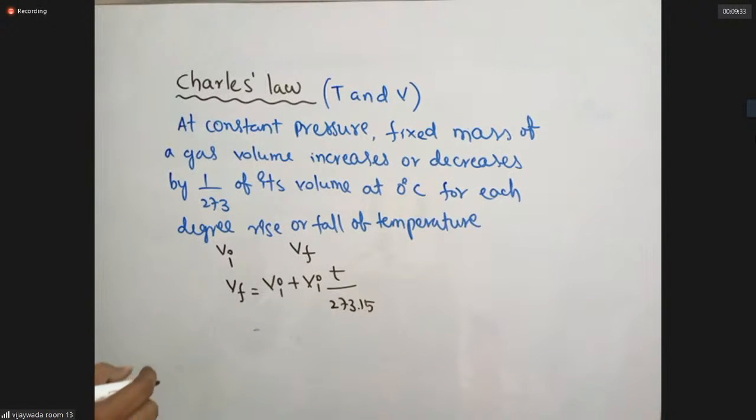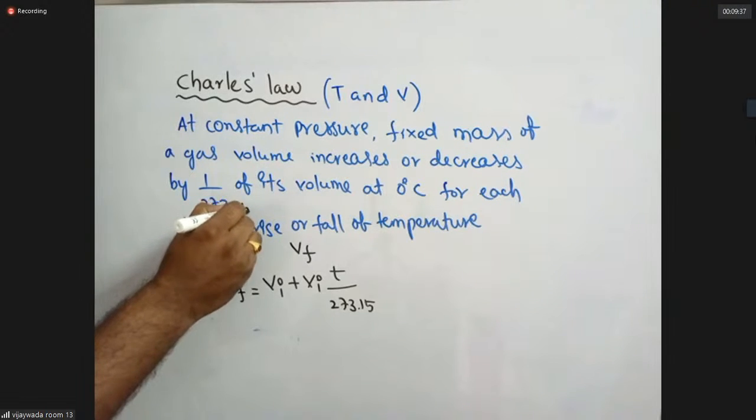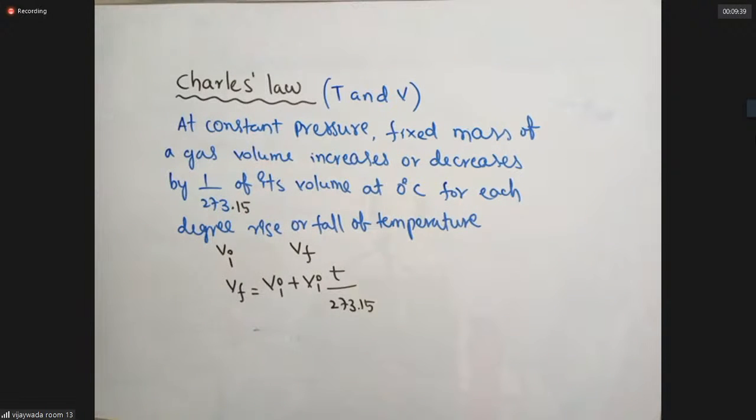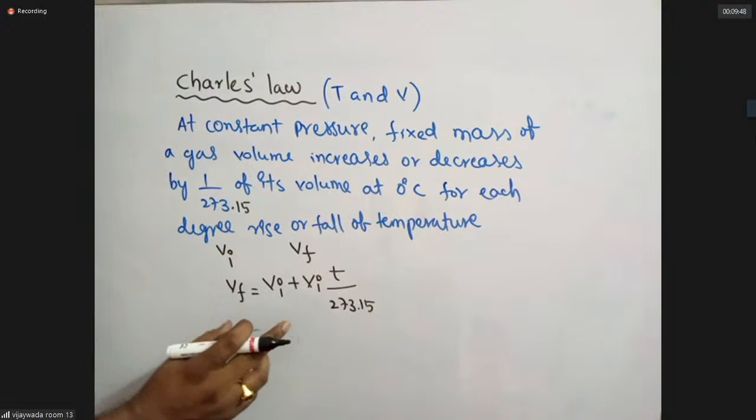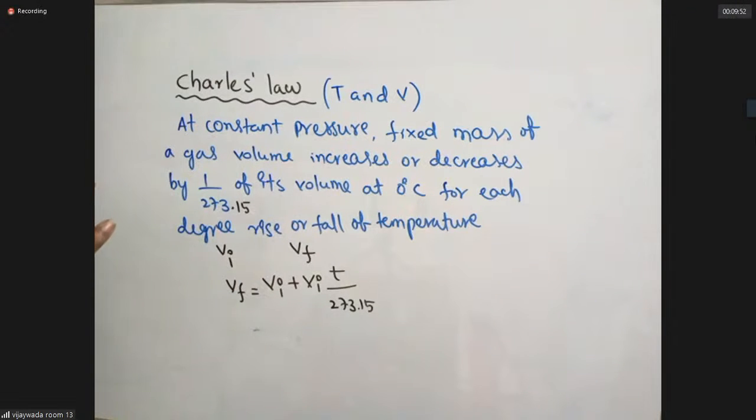Students, exactly it is not 273, it is 273.15, but for calculation purposes we are taking 273. Yes, this is the mathematical expression for Charles' law.